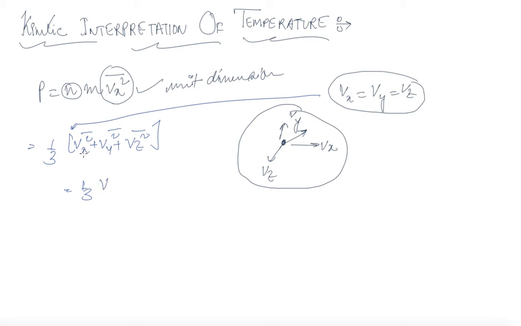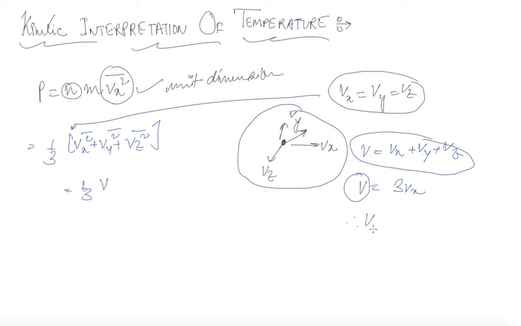So this becomes 1 by 3. If Vx, Vy, Vz, we know V is divided into these components. Therefore, the velocity of the particle is equal to 3Vx.